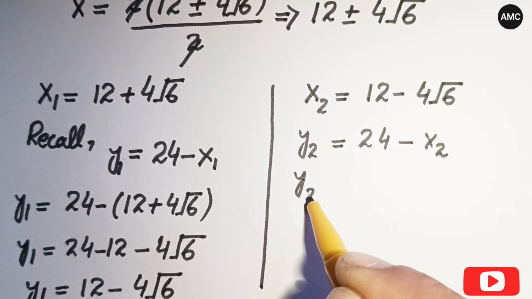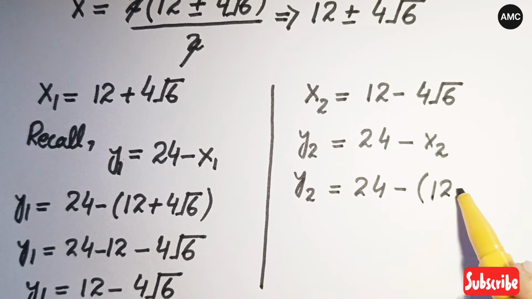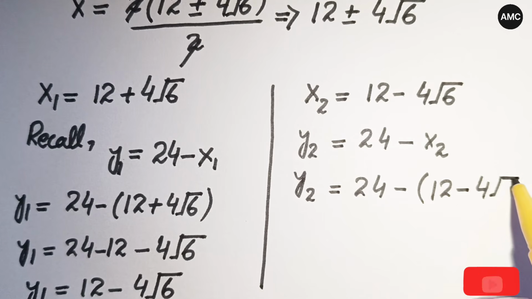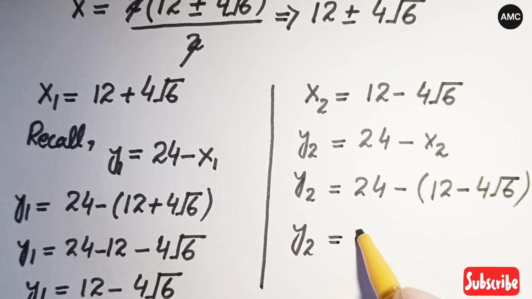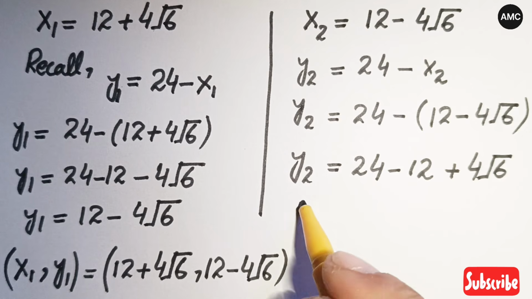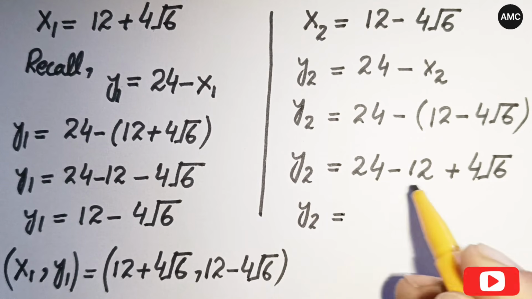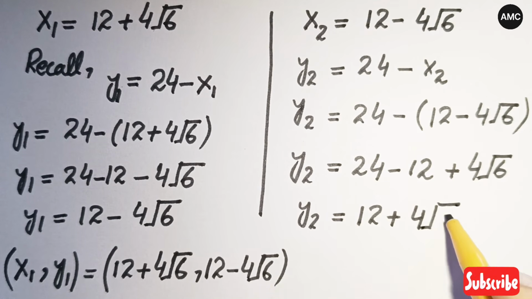Now y2 is equal to 24 minus 12 minus 4 times square root of 6, putting the value of x2. So minus times minus is plus: y2 is equal to 24 minus 12, which is 12, plus 4 times square root of 6.